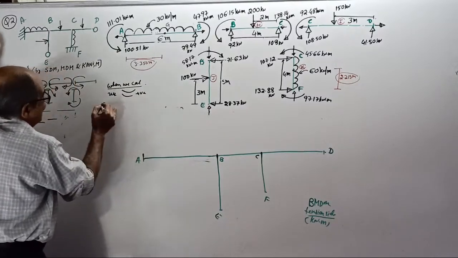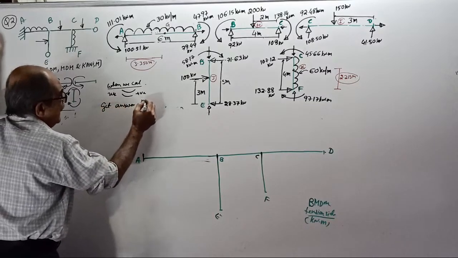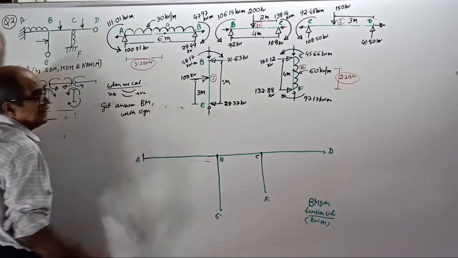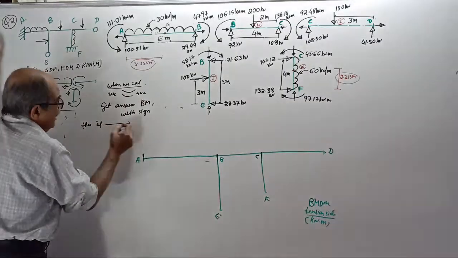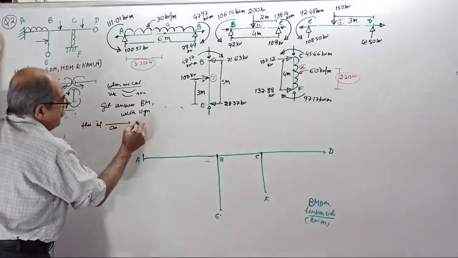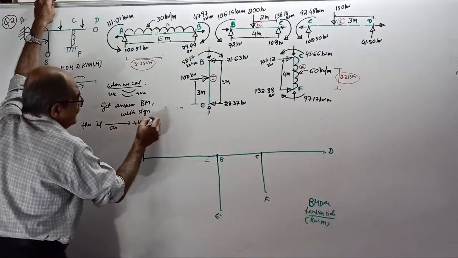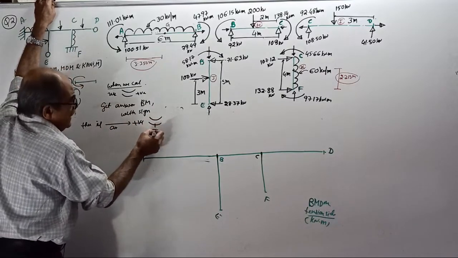Then get the answer, that is bending moment anywhere with sign. Then if the answer is positive, that means it is sagging. Sagging, tension will come this side.